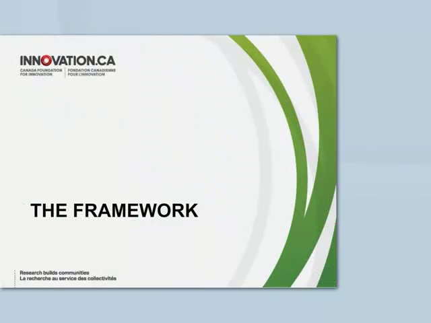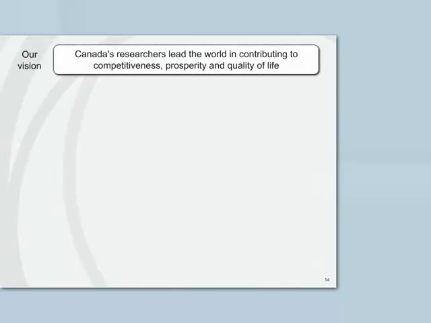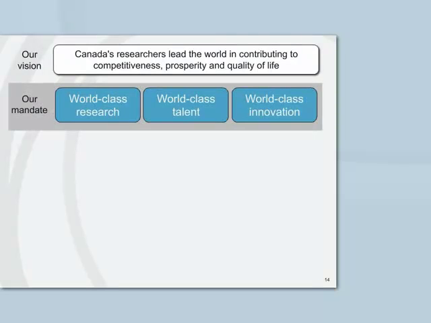So what we've done is that we've developed a framework that has guided our efforts to develop this strategic roadmap. In essence, that framework is based on very traditional steps in the development of a strategic plan. First, identifying our vision, and we say here that the vision for CFI is that Canada's researchers lead the world in contributing to competitiveness, prosperity, and quality of life. That's the ultimate goal.